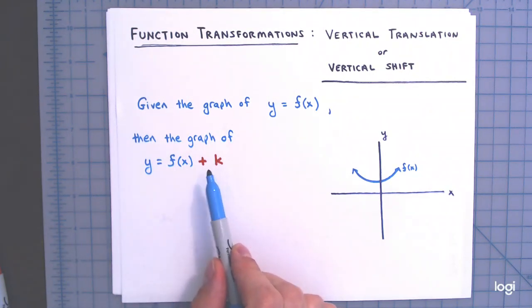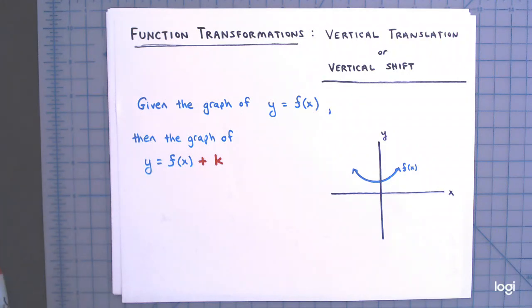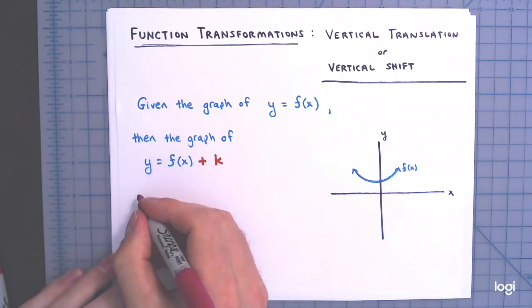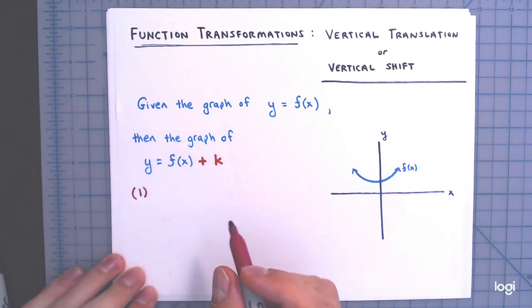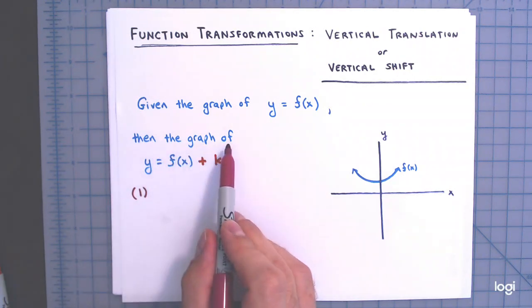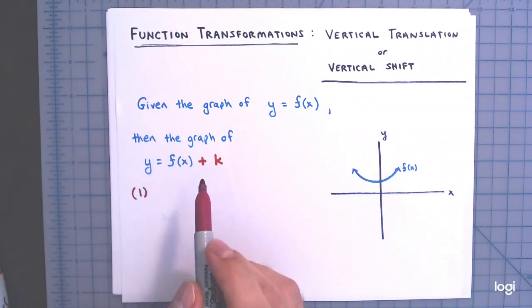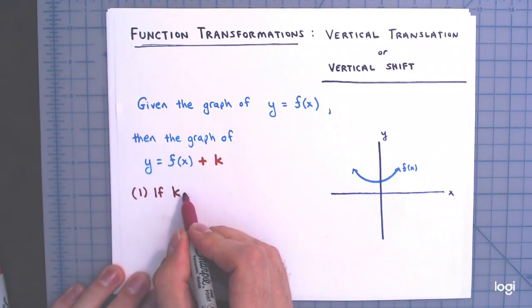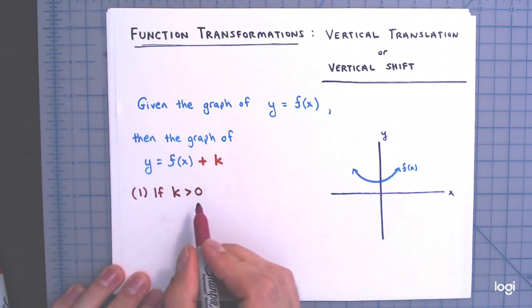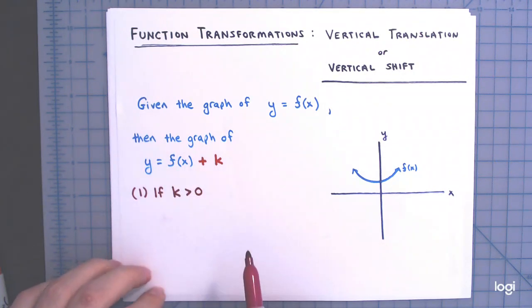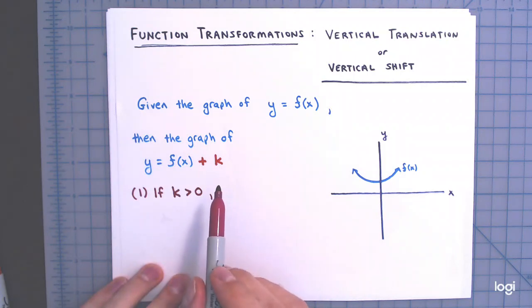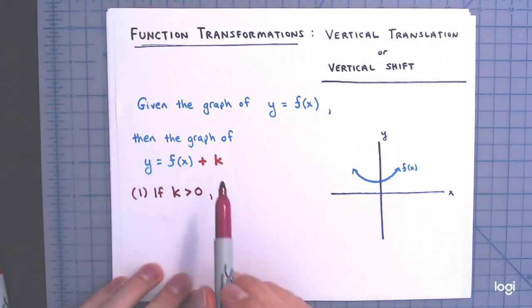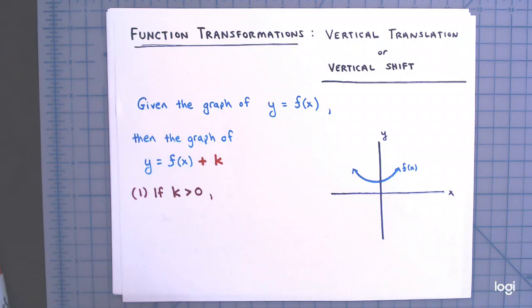The addition of this k will do one of the following things. One, the graph of y equals f of x plus k, if that k is a positive number, if k is greater than 0, then the graph of y equals f of x plus k will be the graph of the original moved up k units.